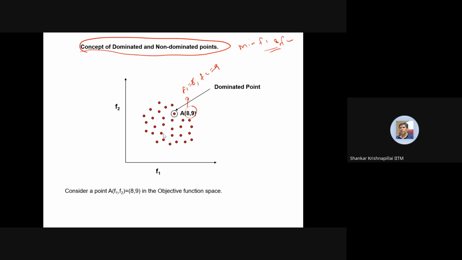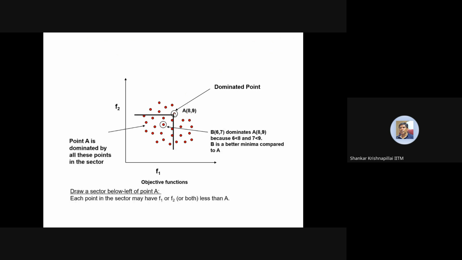Dominated means you are being dominated by a superior person. There are some other points which are superior to A, and A is being dominated by them. Which are the superior points dominating A? All these are the superior points. They are better than A because their f1, f2 values are lower than A.